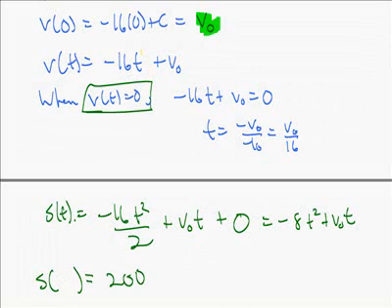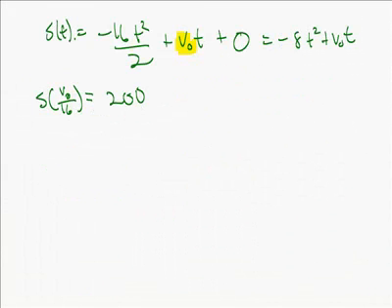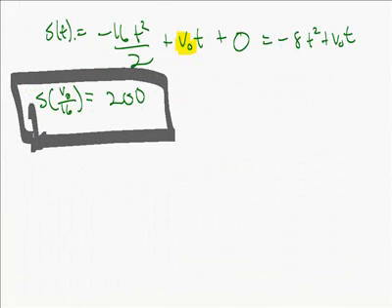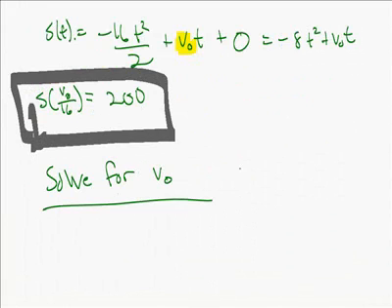So s of v naught over 16 equals 200. If you put v naught over 16 in for t, you're going to be left with an equation in v naught. So you want to solve this equation for v naught to find your initial speed. That's what you're going to want to do.